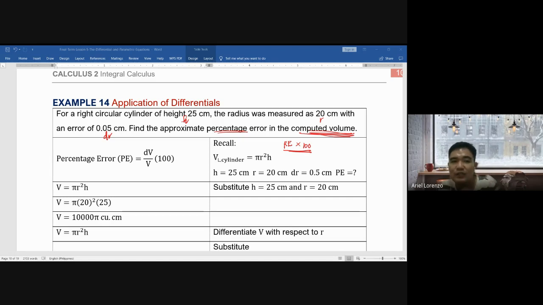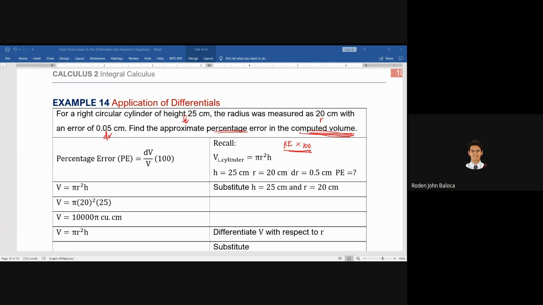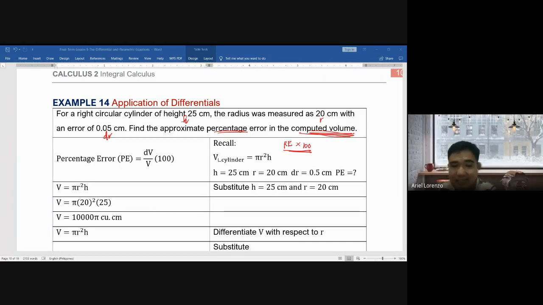However, class, yung height niya, that is 25 centimeters, is it treated as constant or variable? Constant, sir. Okay, that is constant. Ibig sabihin, that will be treated as constant. So, parang multiplier lang siya. At kung nangyari yon na yung isa is constant, wala siyang pakinabang sa solution, maka-cancel out yan.